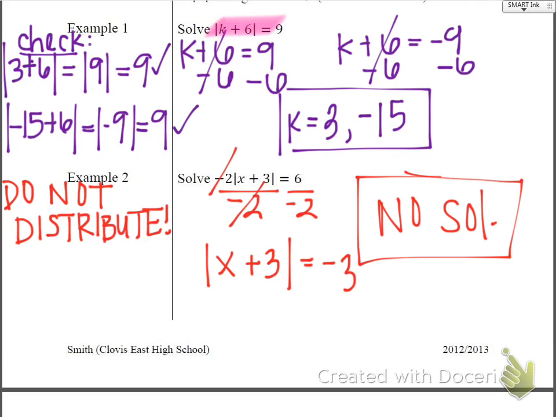Okay? So you never want to do anything inside the absolute value. You leave the absolute value the way that it is, and everything on the outside gets either added, subtracted, or divided out. Okay? So never do anything to the inside of the absolute value. Got it? Okay. Let's look at the next example.